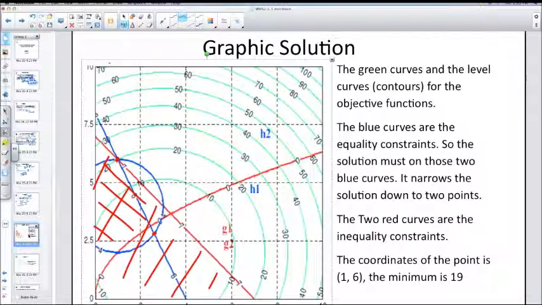Let me use another color. Should be here. So your physical domain is between this to here and here. That's the physical domain. And you only have 2 points, 1 point here, 1 point here.